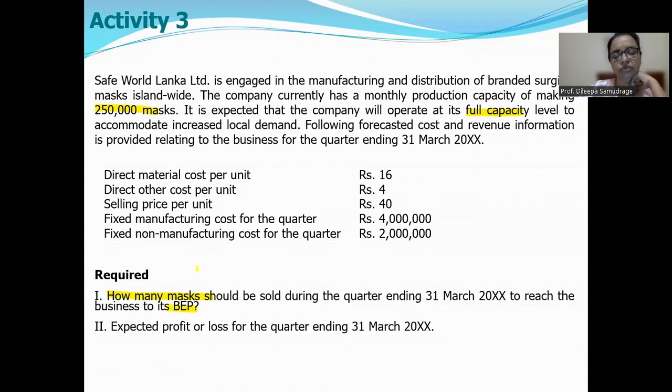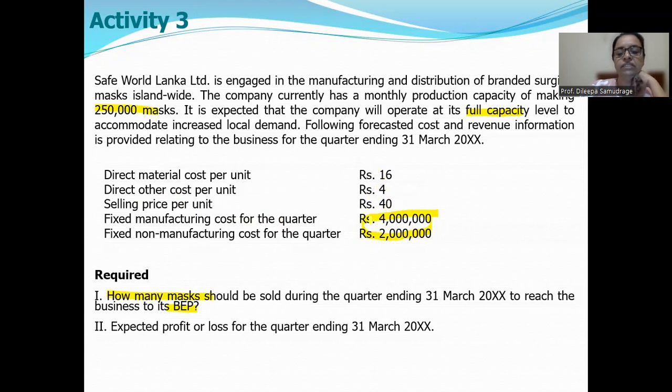To calculate the break-even point, you need the fixed cost. These two figures add up to 6 million, so both are fixed cost. You have to divide this by contribution per unit. Selling price is 40. From 40, you deduct the direct cost, the variable cost, 20, and you get 20.